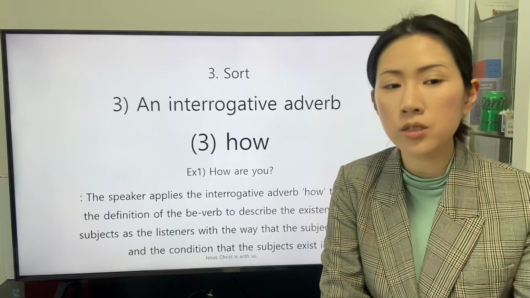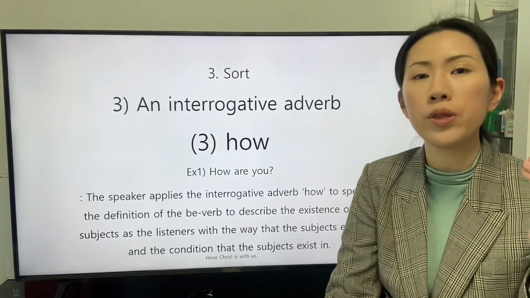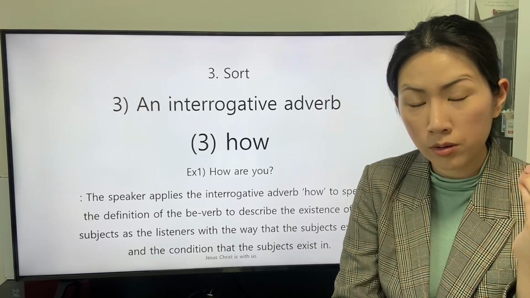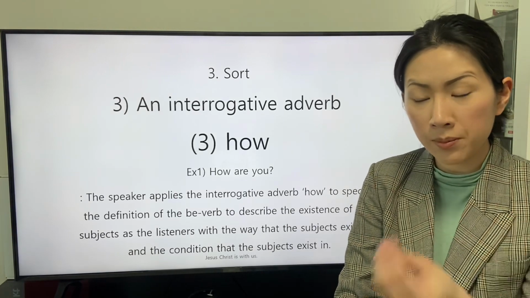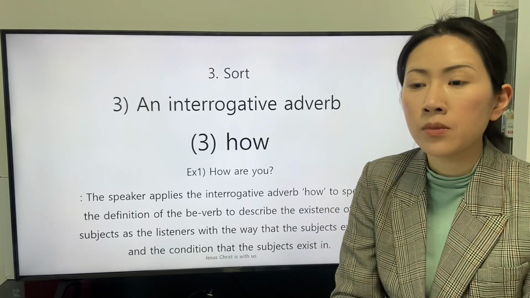The listeners to this interrogative clause can respond with the way that the listeners are able to be in the conversation with the speaker and the listeners.